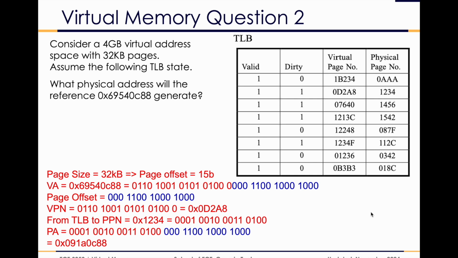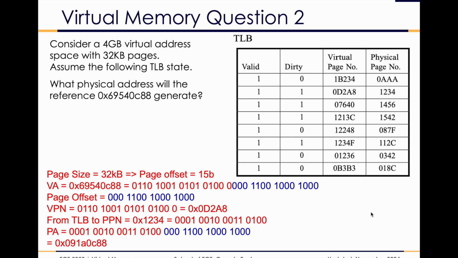And remember, the page offset doesn't change from the virtual address to the physical address in this instance. So we just take that and append it on to the end of our physical page number when we find it. Now we know that the remaining bits are the VPN, which you can see below where the calculations for the page offset are.